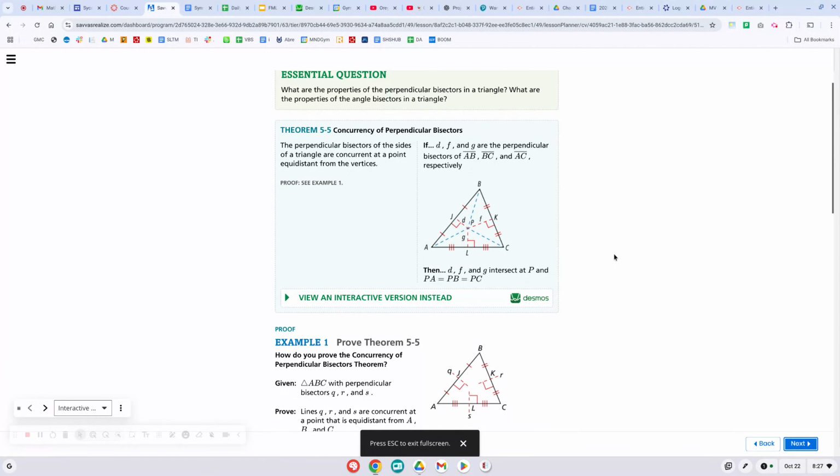And so we need to understand this theorem. If D, F, and G are all the perpendicular bisectors of the segments of a triangle, then PB, PA, and PC are all congruent.